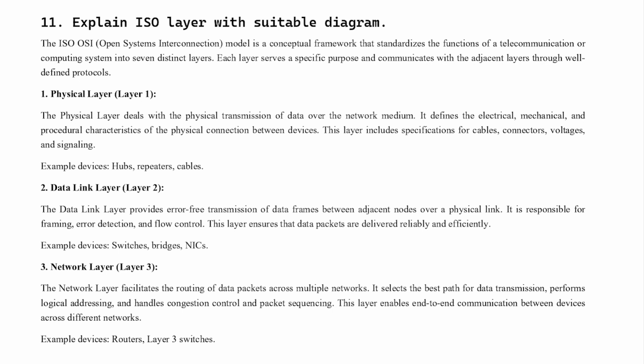Network layer, Layer 3. The network layer facilitates the routing of data packets across multiple networks. It selects the best path for data transmission, performs logical addressing, and handles congestion control and packet sequencing. This layer enables end-to-end communication between devices across different networks. Example devices: routers, Layer 3 switches.